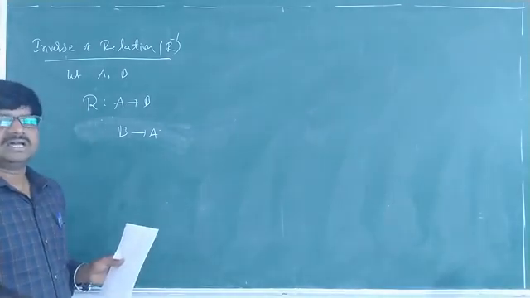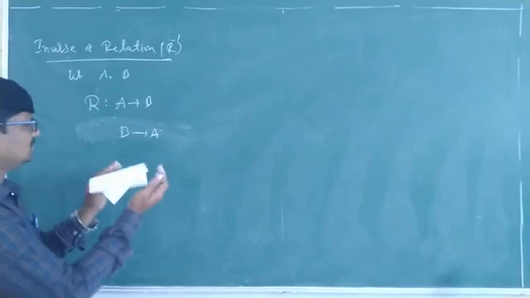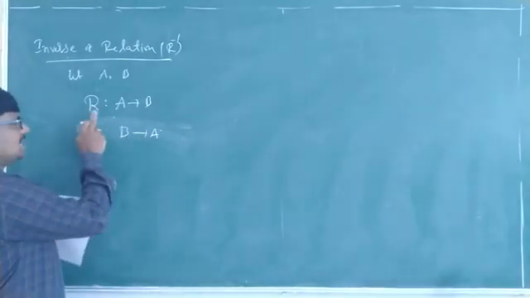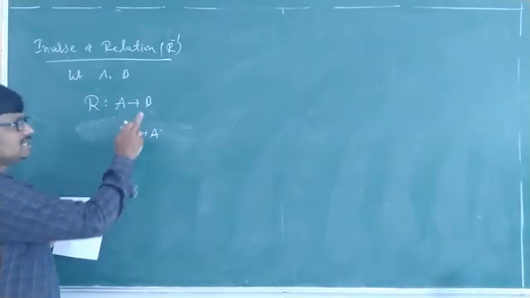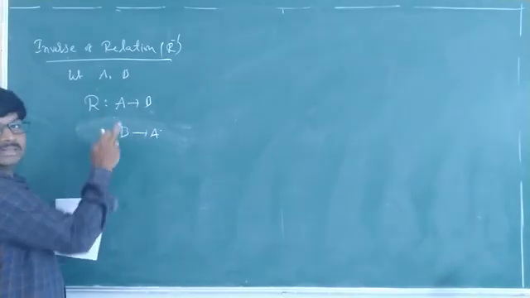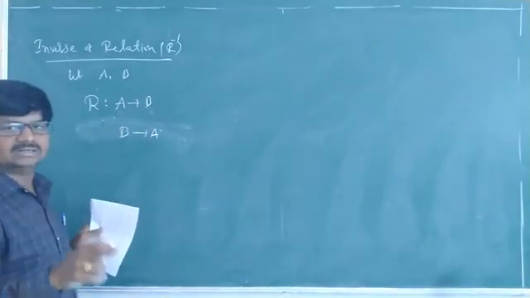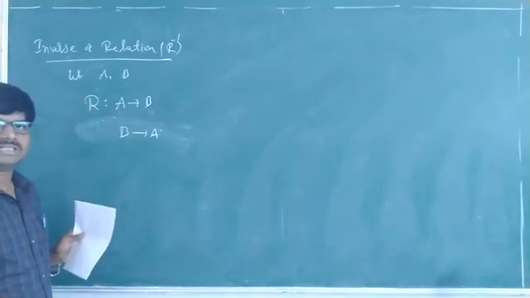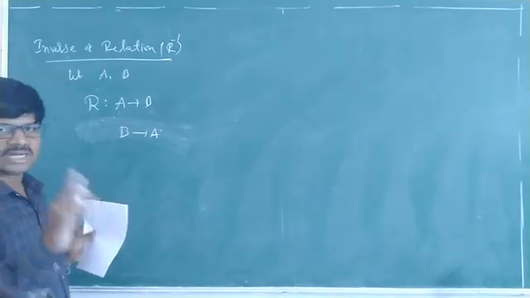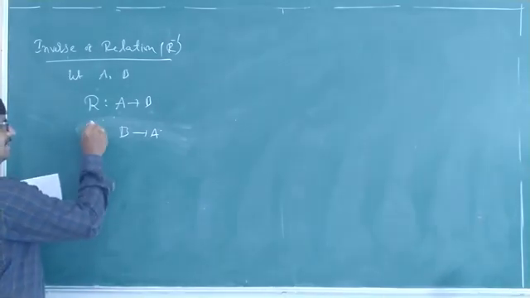It is the reverse only. R is a relation from A to B; the relation from B to A is called the inverse relation of the given relation R. It is denoted by R inverse.